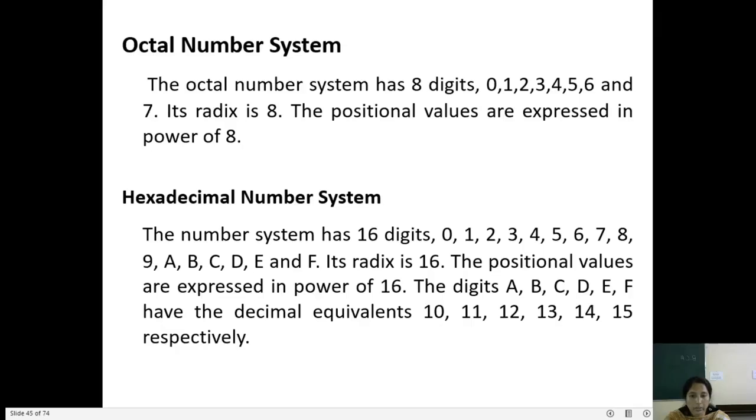For hexadecimal, it is represented from 0 to 15, but instead of 10 and above you use alphabets: for 10 you use A, for 11 B, for 12 C, for 13 D, for 14 E, for 15 F. The positional value is represented in powers of 16.